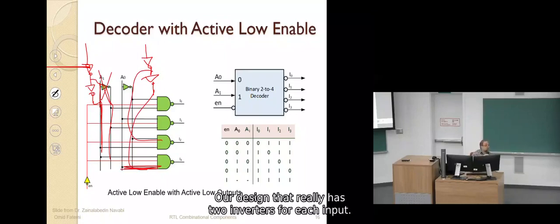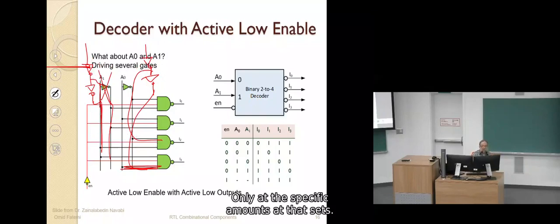So our design has 2 inverters for each input, for A1 and A0. So we built a good component now, with a specific delay which doesn't increase the delay of the other design, only by the specific amount, and that's it.